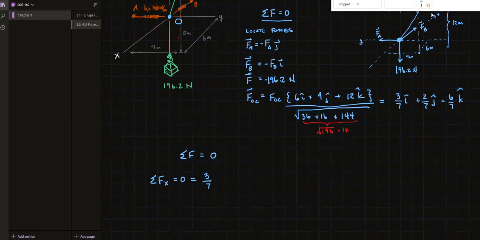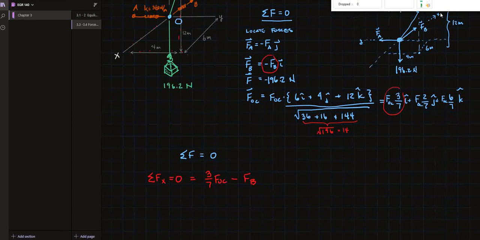Oh, I forgot to put our force in here, because we have to multiply our direction vector by the magnitude of our force. So 3/7 force in OC minus FB. That's an i component. I'll circle the ones that I use so we can keep track of them.